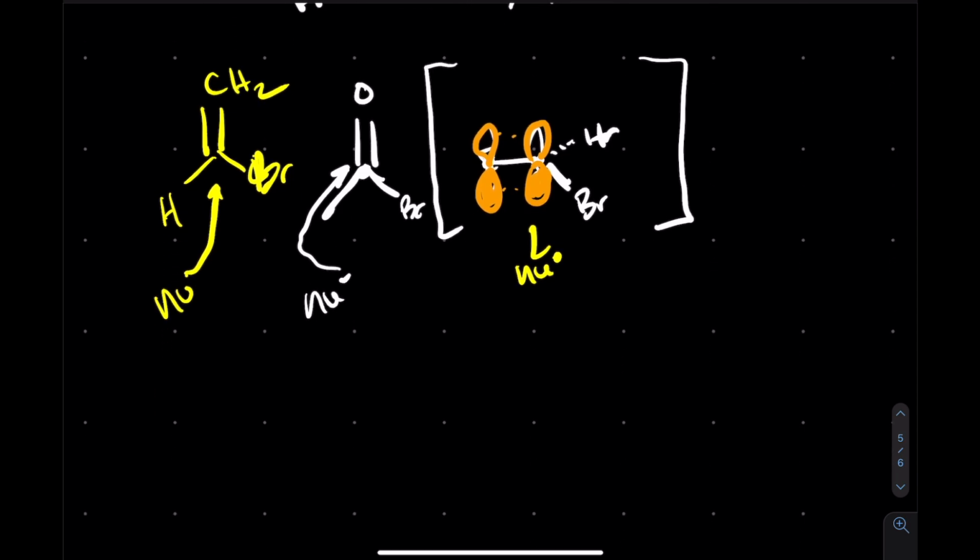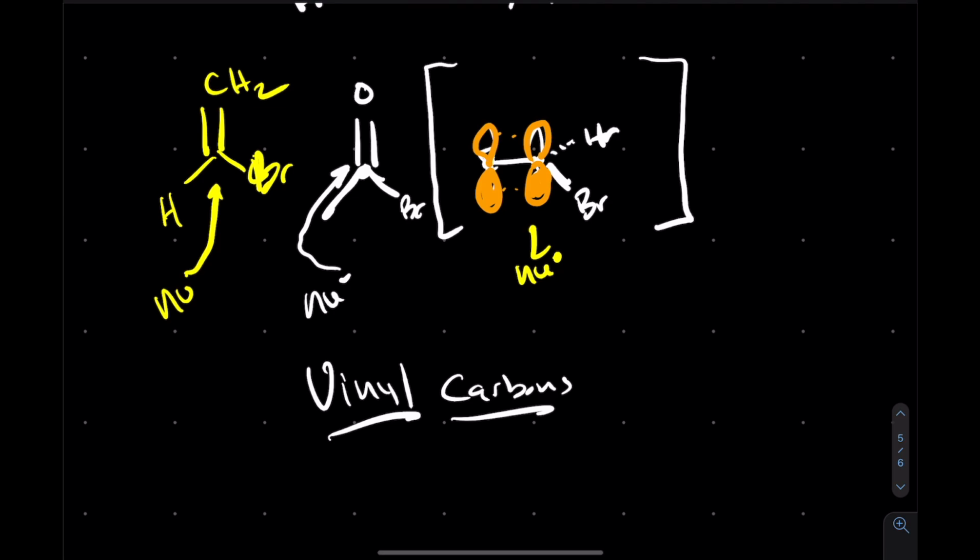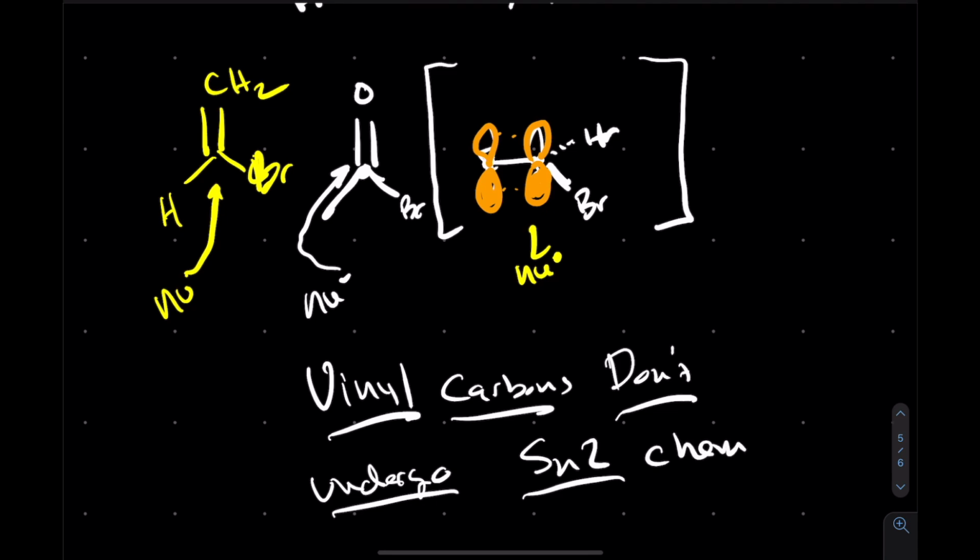So what is the summarization? The point is, vinyl carbons, I should specify, vinyl carbons don't undergo SN2 chemistry. They undergo a different kind of chemistry that we'll get into.